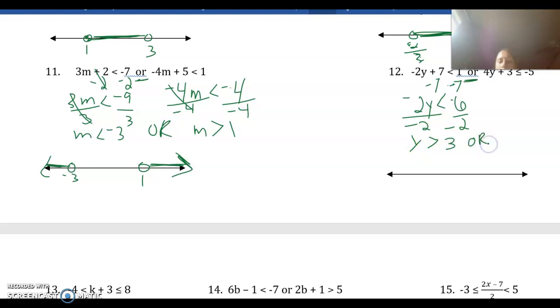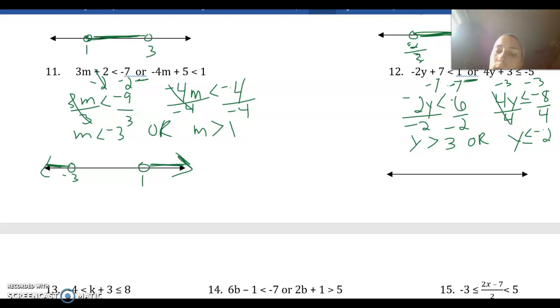Or, now we're going to do our second one over here. We're going to subtract 3. 4y is less than or equal to -8. Divide by 4, divide by 4. Y is less than or equal to -2.